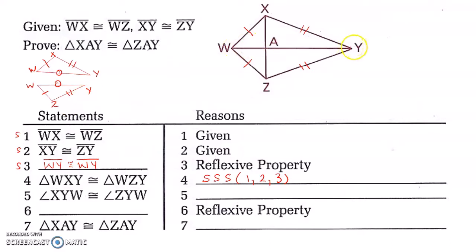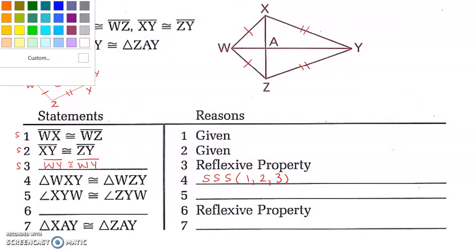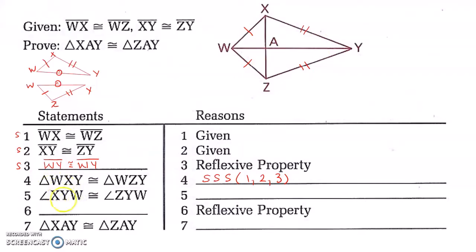I can't really mark WY on the larger original diagram because of point A. But I can mark XYW congruent to ZYW, and that would be, if we have congruent triangles, then corresponding parts of congruent triangles are congruent.